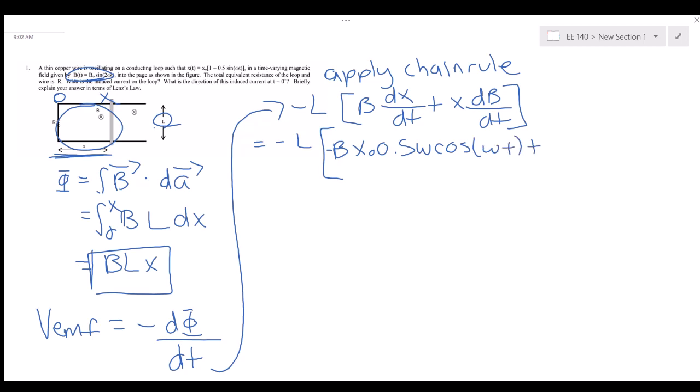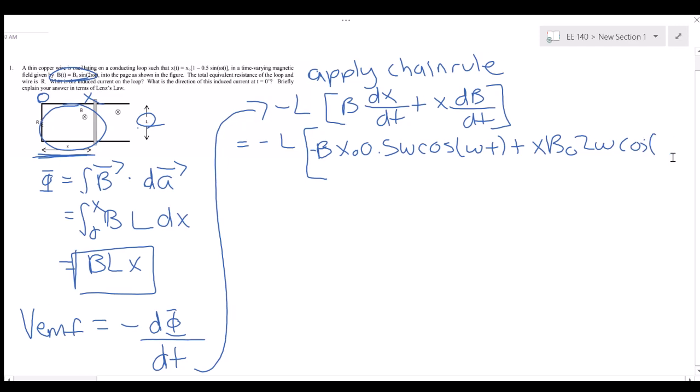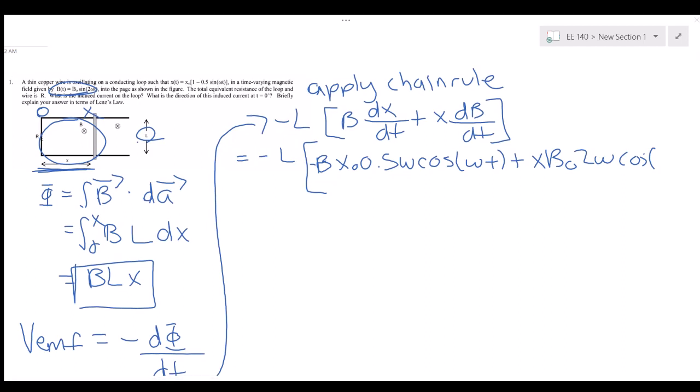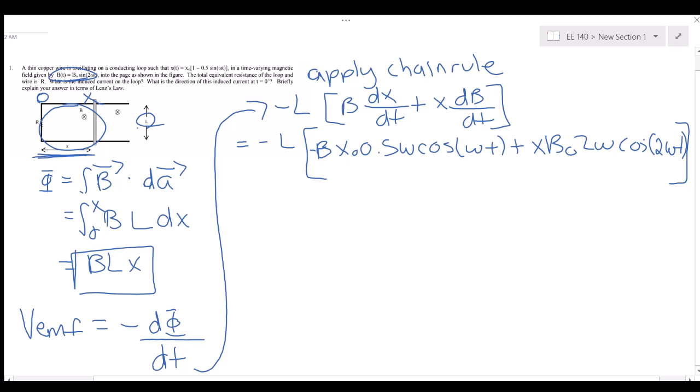Now we're going to take the time derivative of the magnetic field, B naught sine 2 omega t. That would be B naught 2 omega cosine 2 omega t. So that's the answer for the EMF.